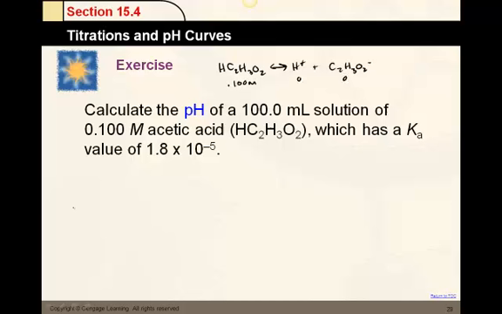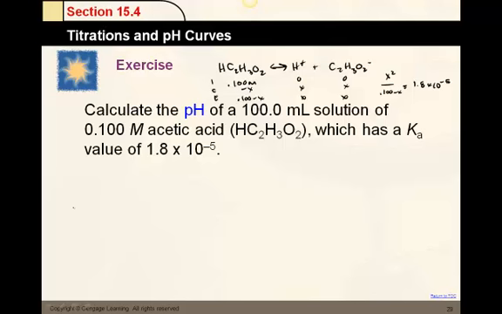And we have no products. So this is just like the ones from chapter 12 and 13. 0.100 minus x, x, x. So x squared over 0.100 minus x equals 1.8 times 10 to the negative 5.